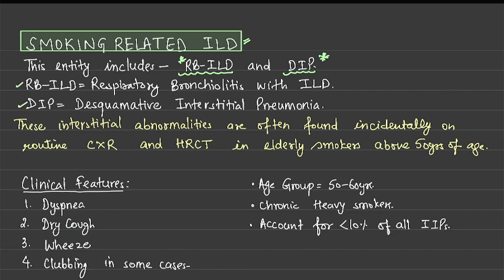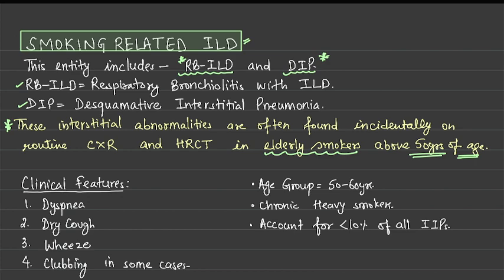These are the full forms. These interstitial abnormalities are often found incidentally on routine chest X-ray and HRCT in elderly smokers above 50 years of age. Age group is very important, above 50 years, and they are heavy smokers. Elderly people, heavy smokers.